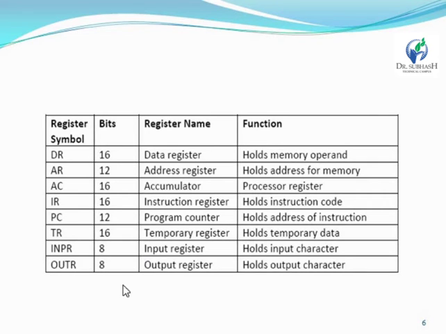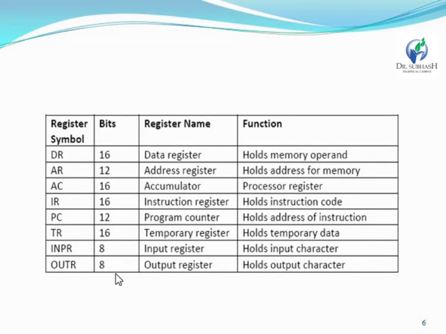Next are input and output. The input register and output register bit size is the same, 8. They are used to hold the input character and the output character. Why is the size the same for input and output? Because if the address of the input is 12, then the output will be 12.